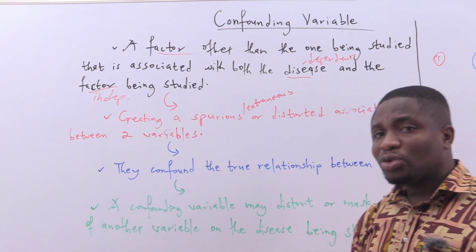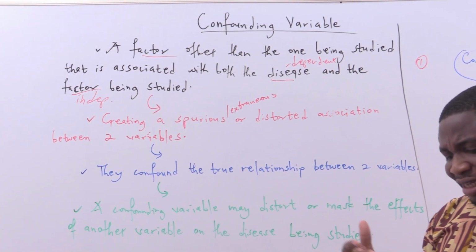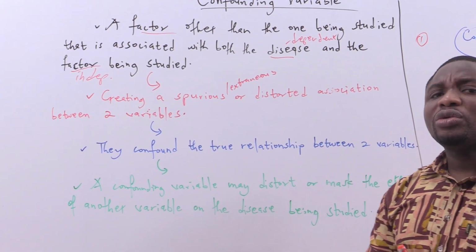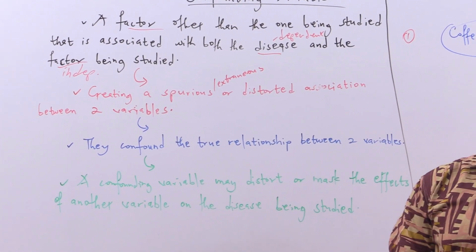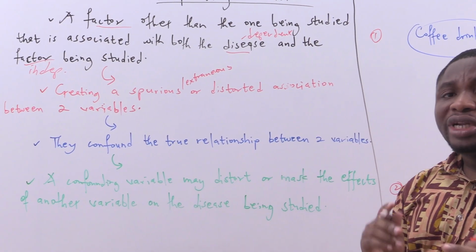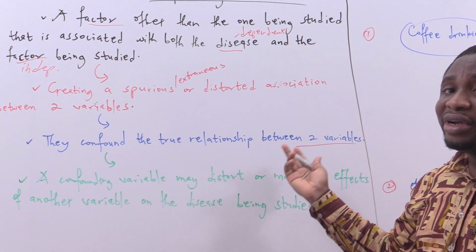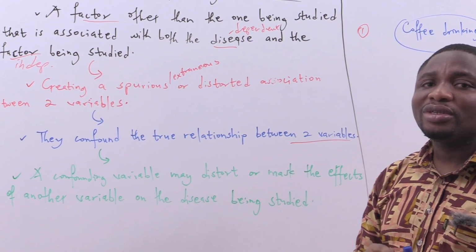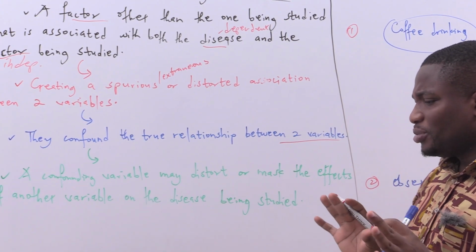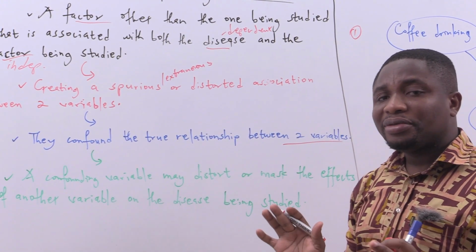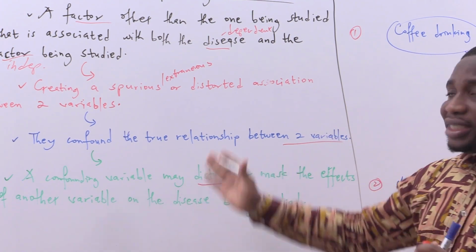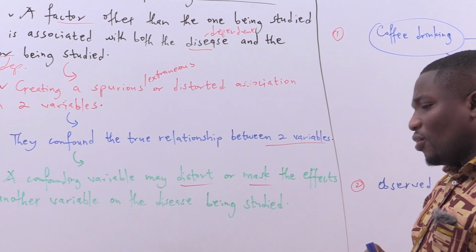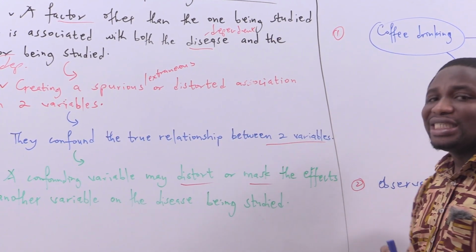All right. You should also know that confounding factors tend to confound the true relationship between two variables. And the variables we know are the disease and the factor being studied, which is not the confounding variable. You should also know that the confounding variable is able to distort, as we said, the relationship, or mask the effect of another variable on the disease being studied.